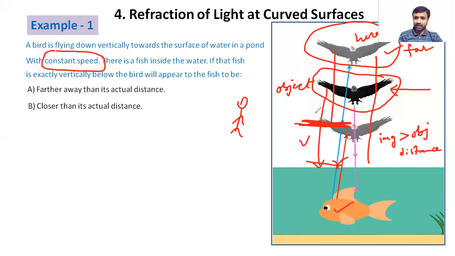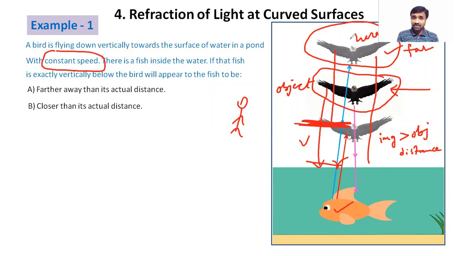Is it possible practically? If the bird reaches the surface, where will its image be? The image also reaches the surface. So in this case, are both speeds the same? Never. Here the image will move greater than its actual speed.